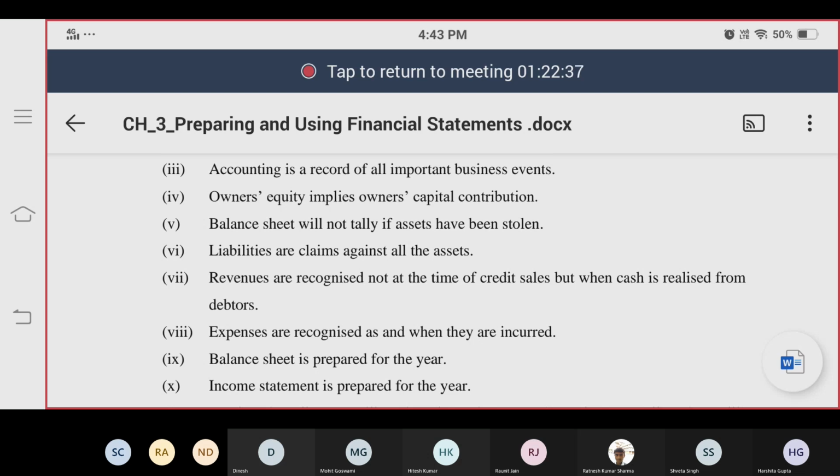So who can tell me whether this statement is false or not? Nitesh, are you here? Nitesh Dagar? Yes, ma'am. I think it's true. Nitesh, batao. That we will only show revenues when cash is finally collected from debtors. We will not show it the day the sale is made.